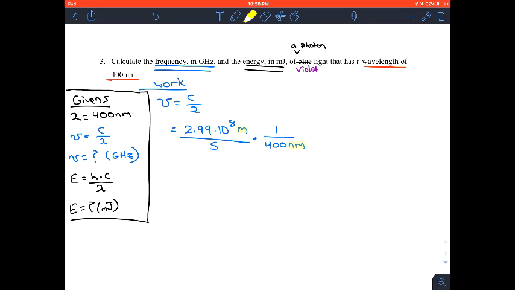Automatic red flag should go up. Meters and nanometers are not the same. So we're going to multiply times the conversion factor. So we have 10 to the 9th nanometers over 1 meter. Meters cancels out, nanometers cancels out.